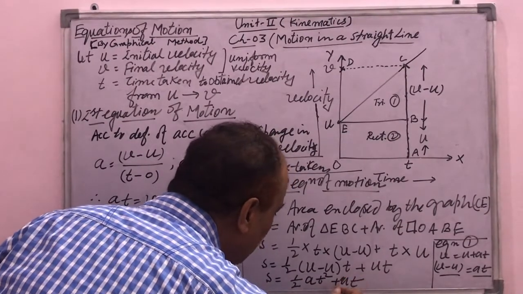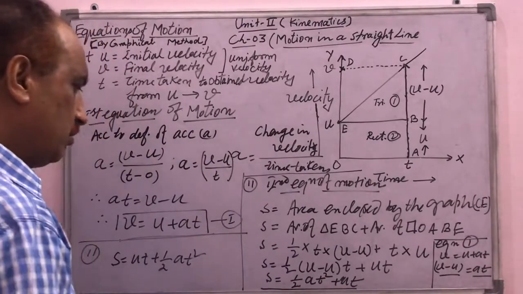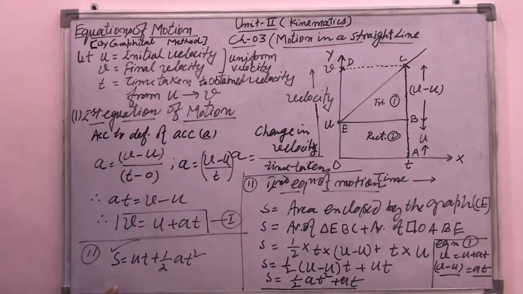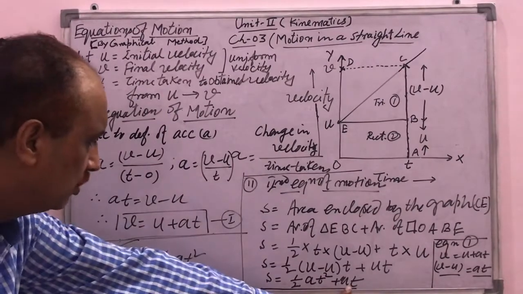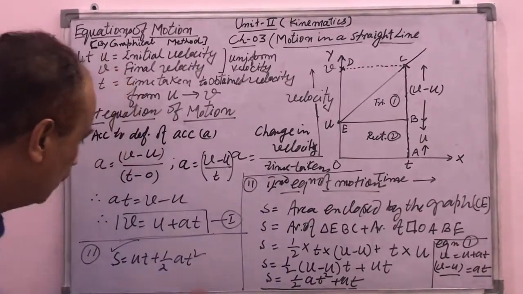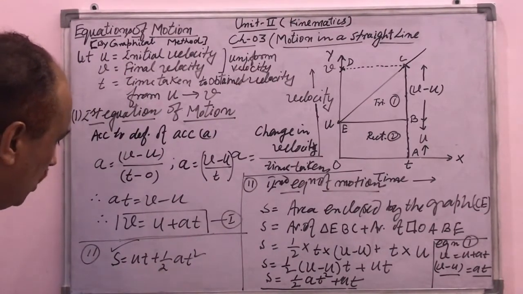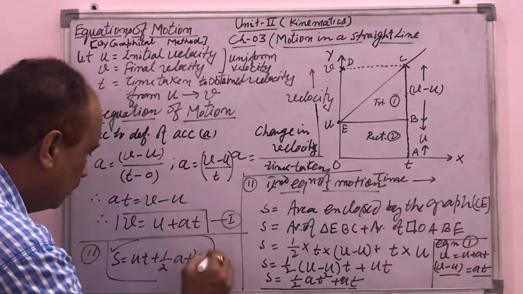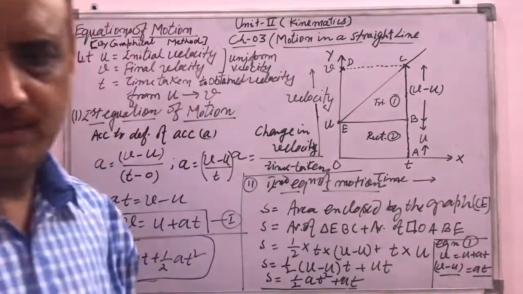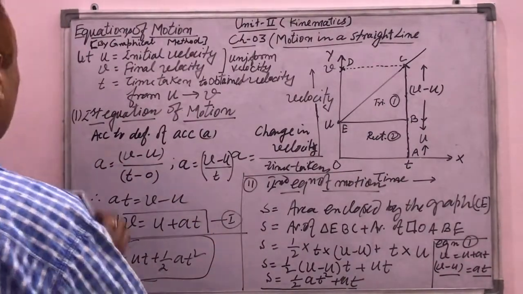So s equal to 1/2 at square plus ut, and this equation can be written with ut first, then the 1/2 at square term: s equal to ut plus 1/2 at square. So this is the second equation of motion.